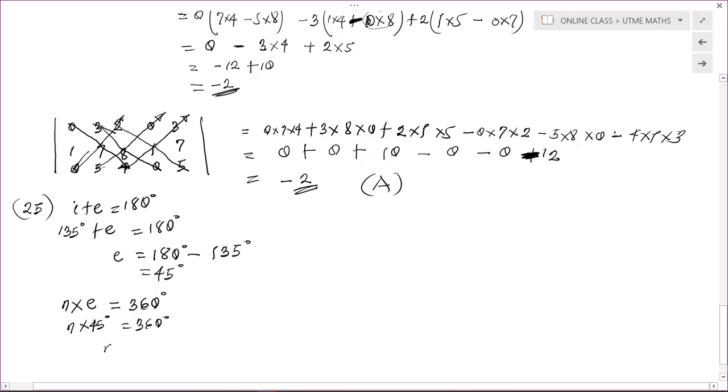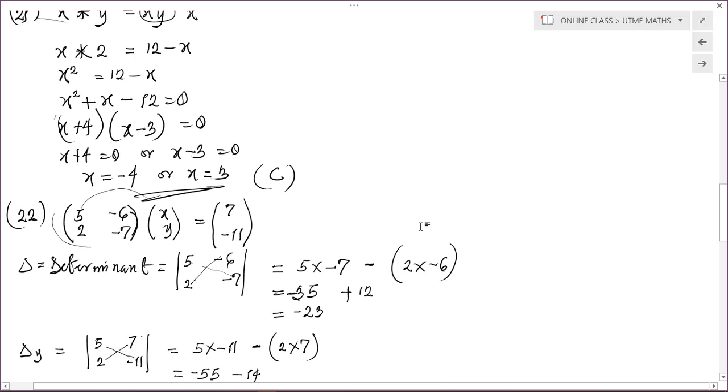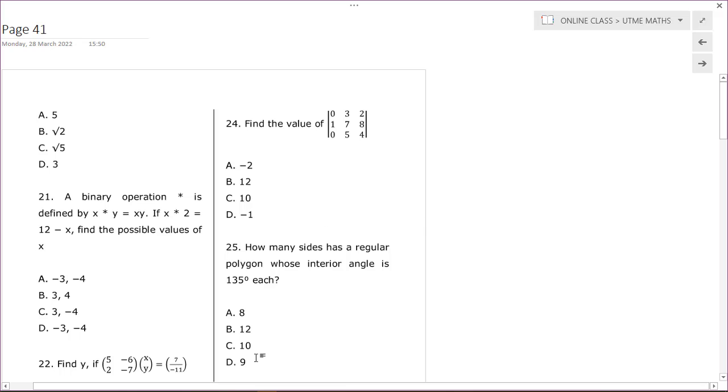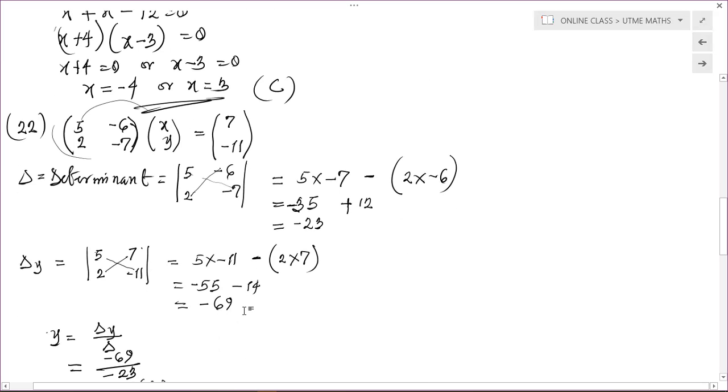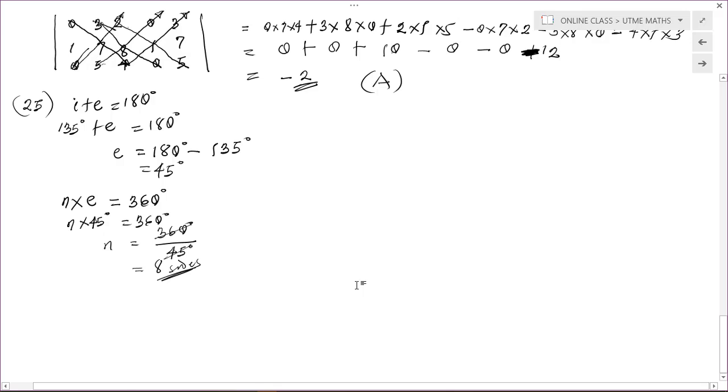That is, n equals 360 degrees all over 45 degrees. So if you cancel this, what you'll be having is 8. We have 8 sides. So let's see which one matches. That is A in this case. Number 26.